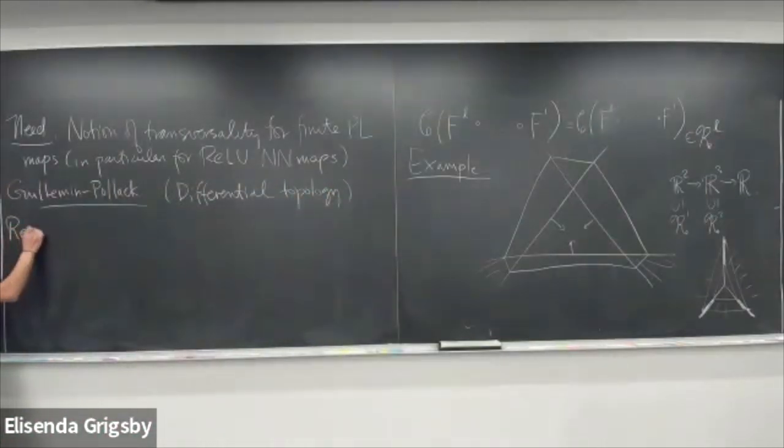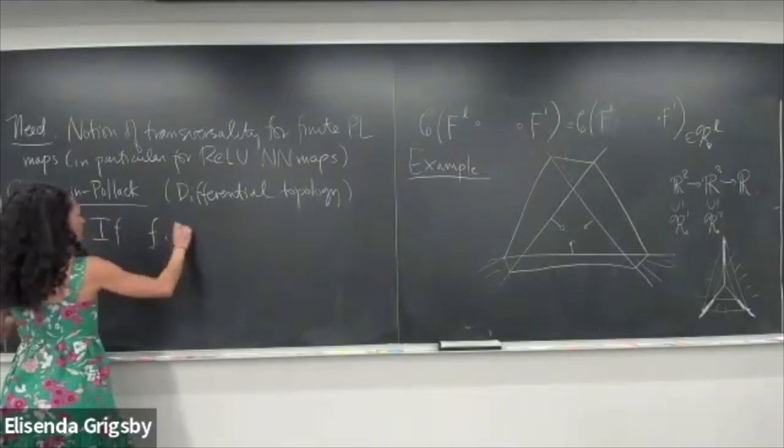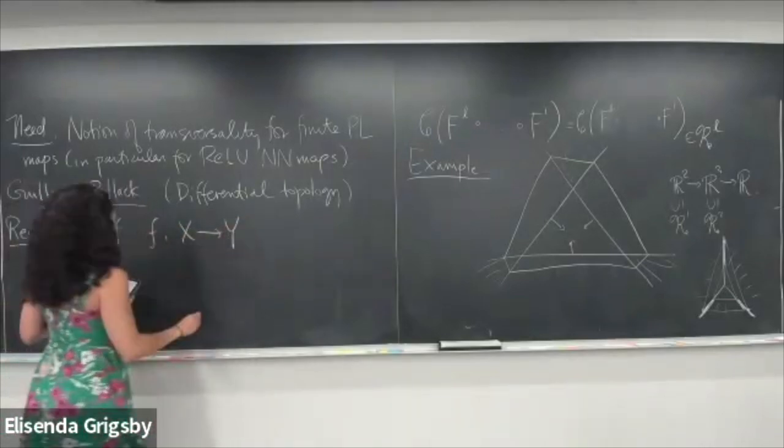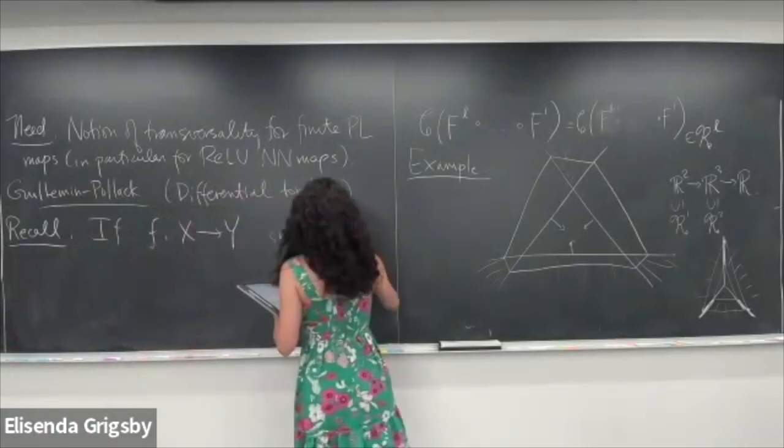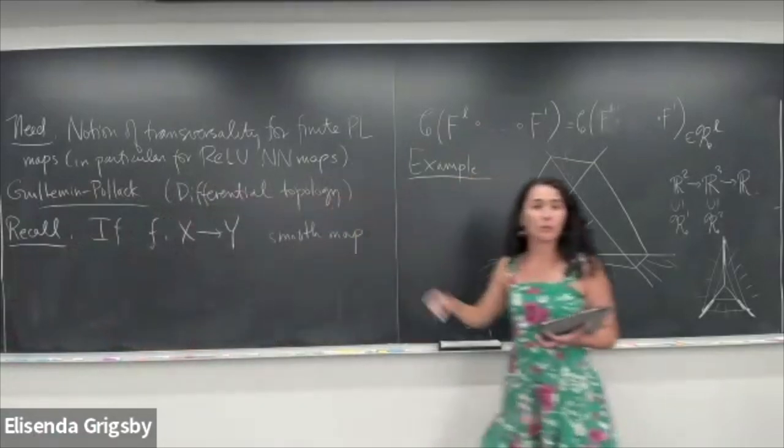So let's recall. We have a smooth map between smooth manifolds.